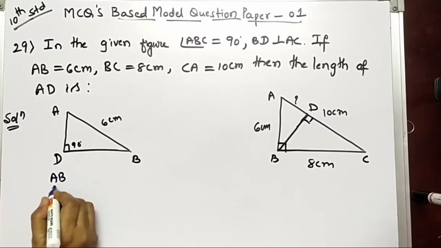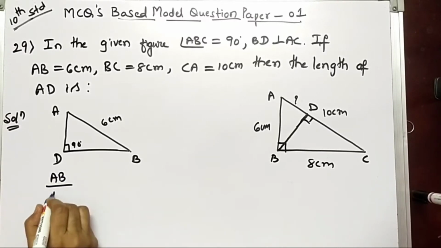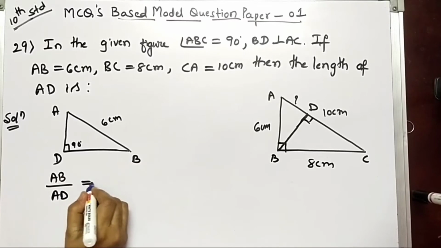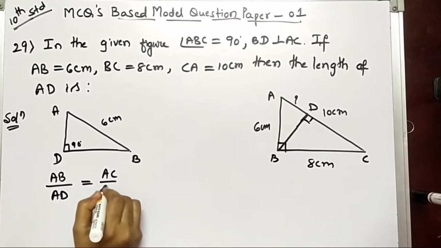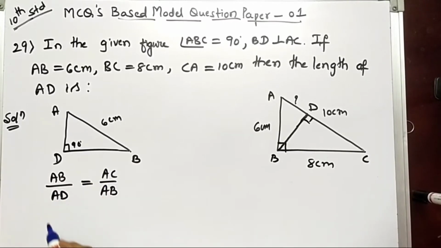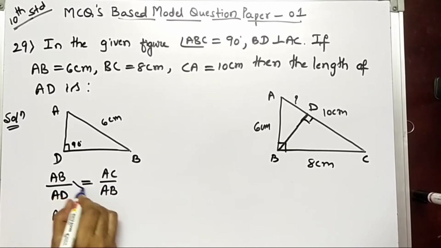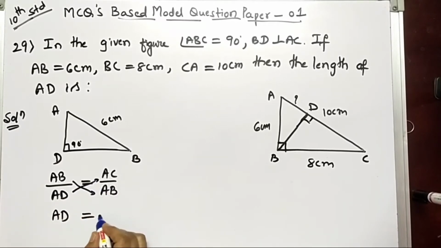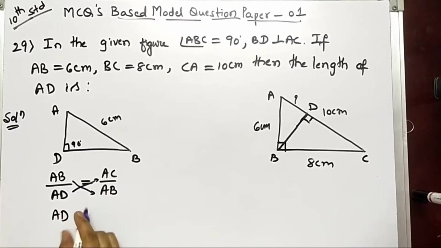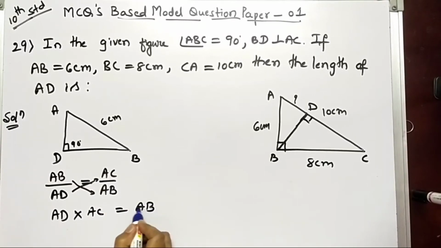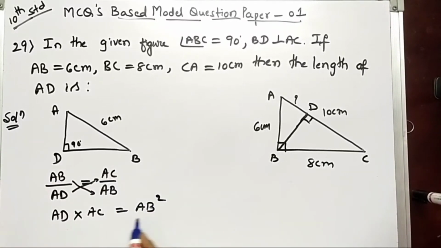See, AB by AD is equal to AC by AB. So we want AD now. So take AD this side and send the other to this side. So take cross multiplication. AD into AC is equal to AB into AB, which means AB square.